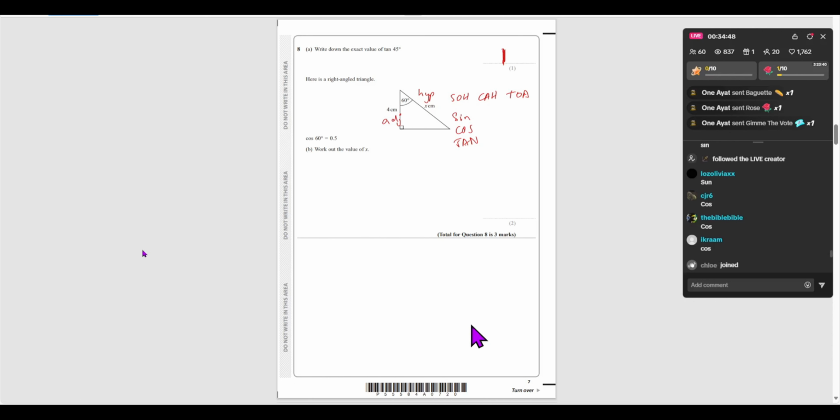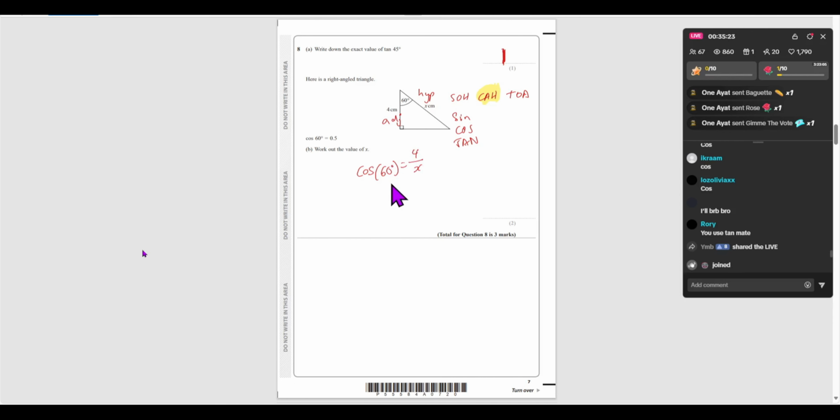Yes, you'll be using cos, because the adjacent and the hypotenuse are involved in this triangle. So the equation we're going to be using is cos 60 degrees, because that's the angle, is equal to 4 divided by x, adjacent divided by the hypotenuse.